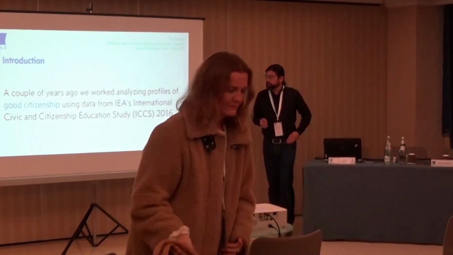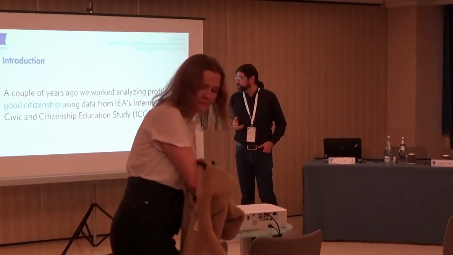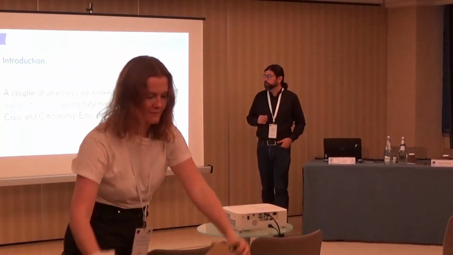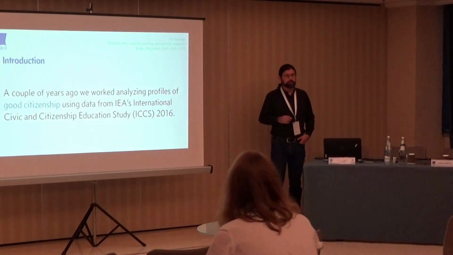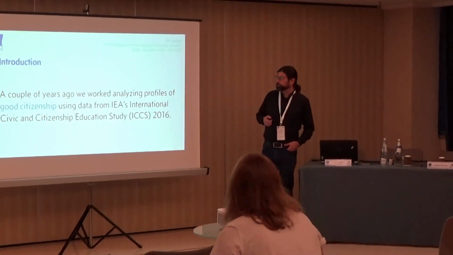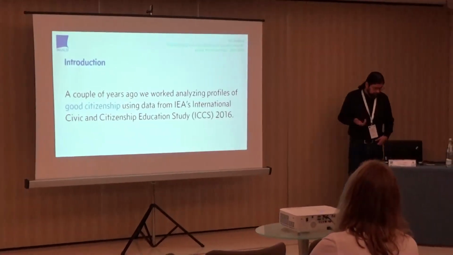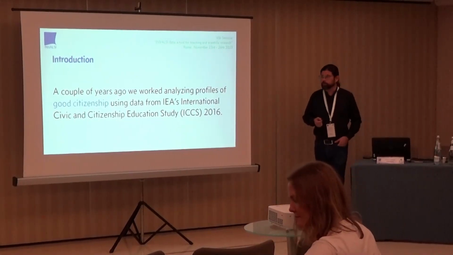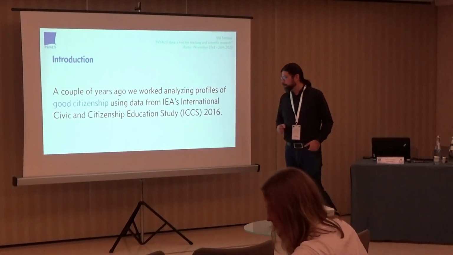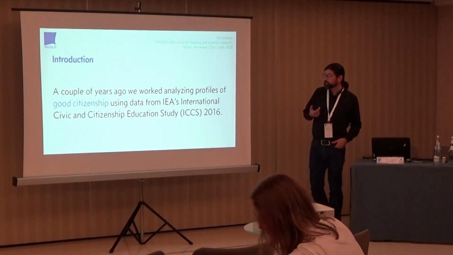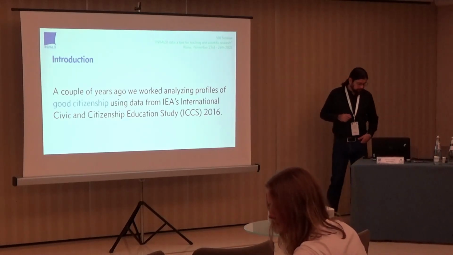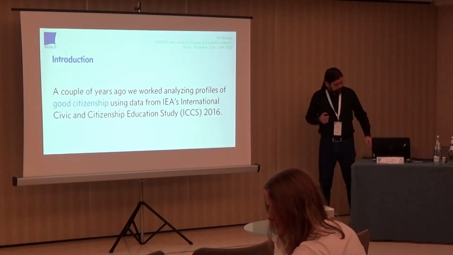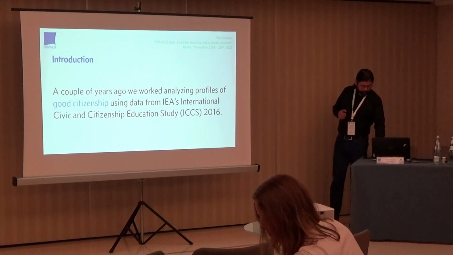To tell you a little bit about the context on how we ended up working on this: some of the people in the room are very familiar with this, but a couple of years ago, a book came out regarding good citizenship using IEA's International Civics and Citizenship Education Study.